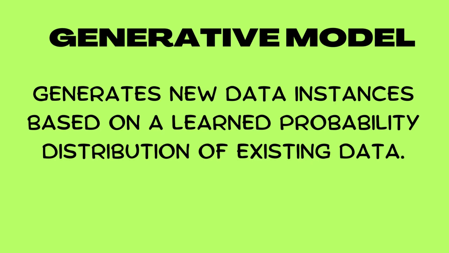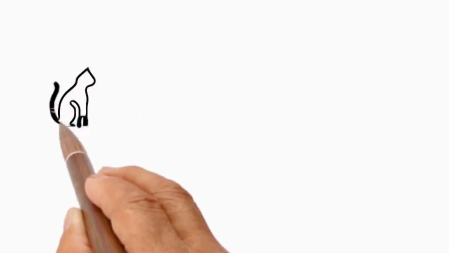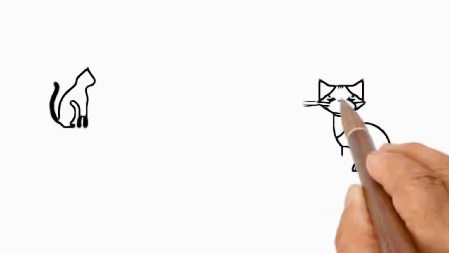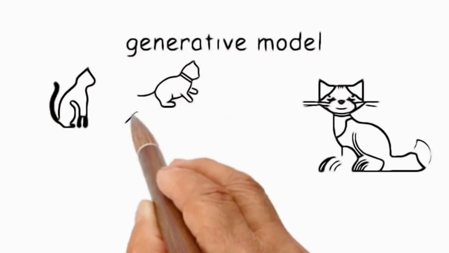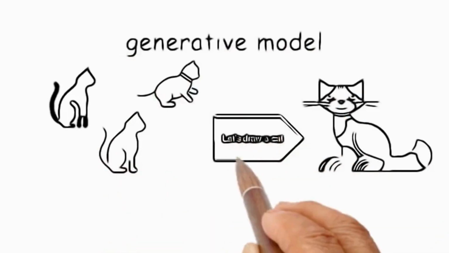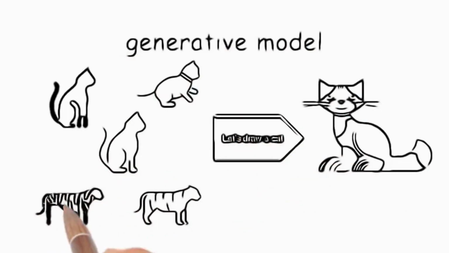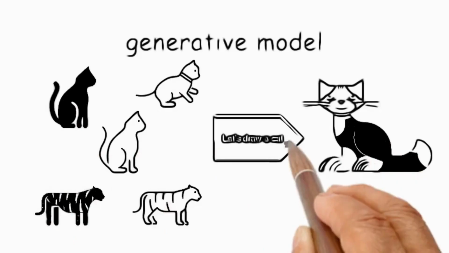A generative model generates new data instances based on a learned probability distribution of existing data. This is too hard to understand. Then to easily say, generative methods or models are also trained on data, a small amount of labeled data and a large amount of unlabeled data.